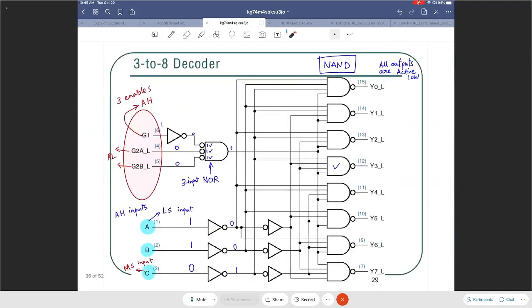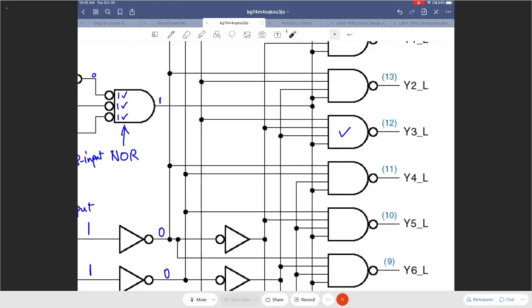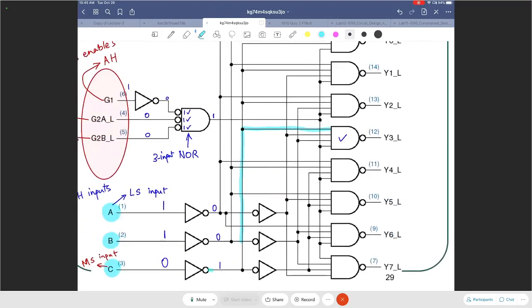All right, so that is 100 becoming 011. Now, if I focus on this particular NAND gate, you see this input here. Let me draw this. Where is this input coming from? This guy is coming from here.